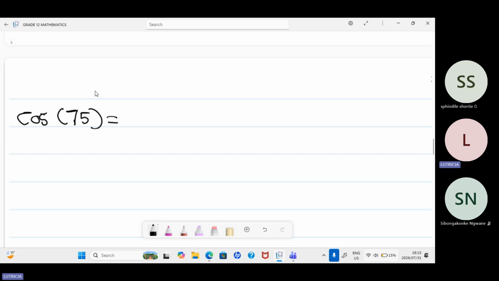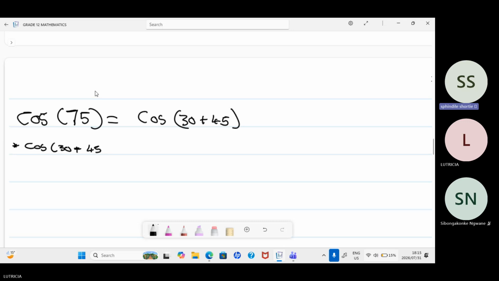Maybe I could expand it, which is going to be cos(30 + 45). Yeah, that's actually correct. And then what would your next step be? And then I'll equate it to cos 30 cos 45 minus sine 30 sine 45.